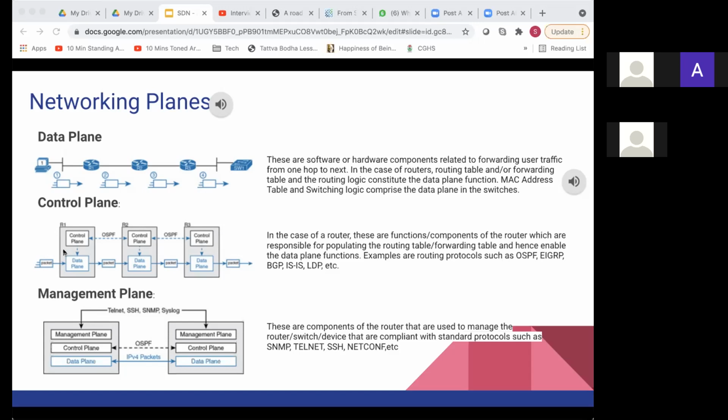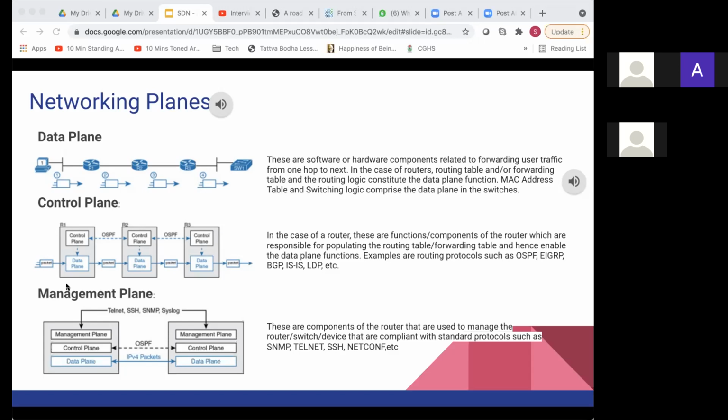I don't have a clear picture of your level of understanding of networking, so I'm going with a gut feel of what is expected of engineering students. If it is too easy or too difficult, please let me know and I can change my topic accordingly. Yeah, sure, ma'am. We know this. We have started basic networking now.